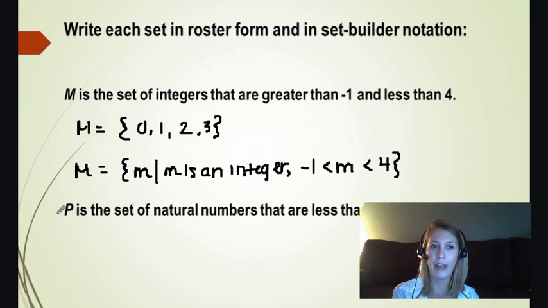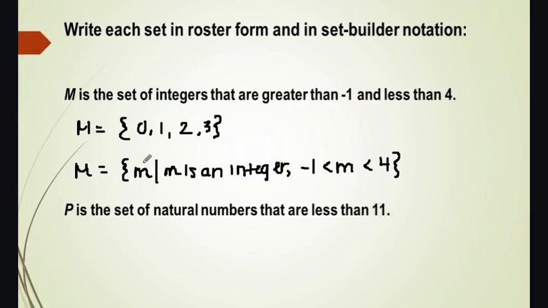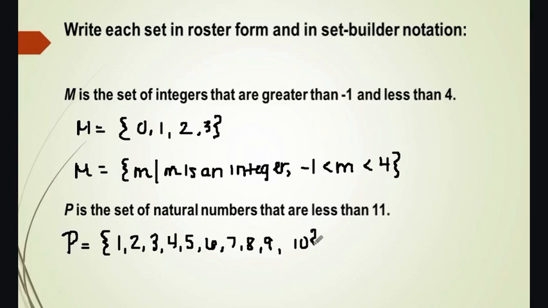Now let's take a look at the second example, where we also have to write it in roster form and in set builder notation, where P is a set of natural numbers that are less than 11. We would write this out in roster form as P is equal to all numbers 1 through 10. So 1, 2, 3, 4, 5, 6, 7, 8, 9, and 10.